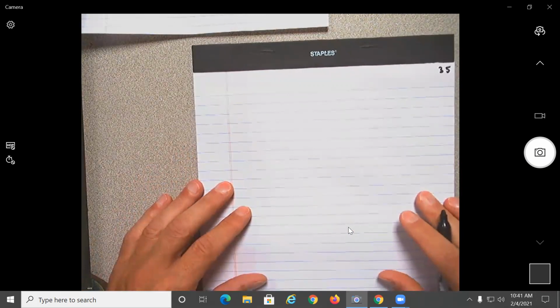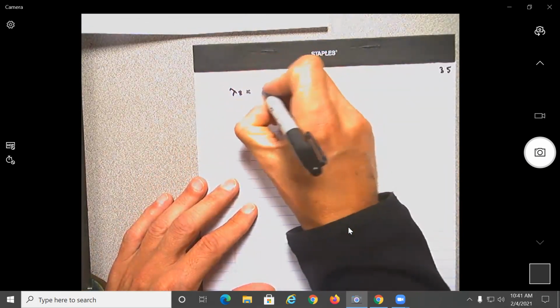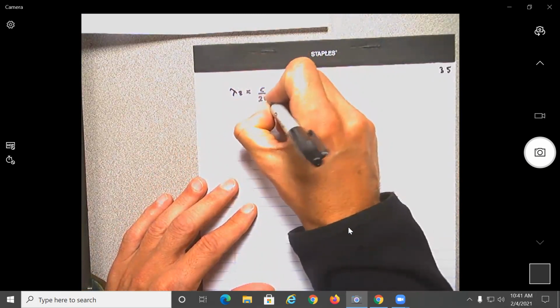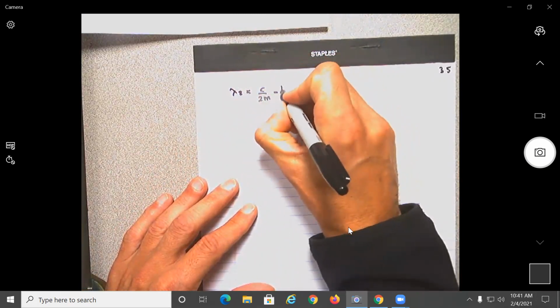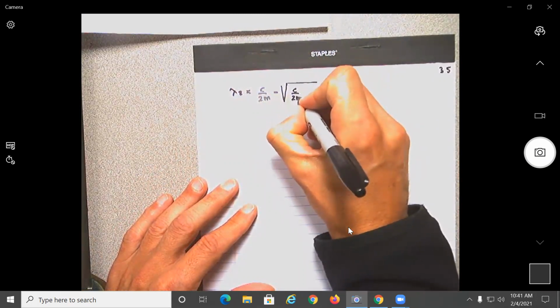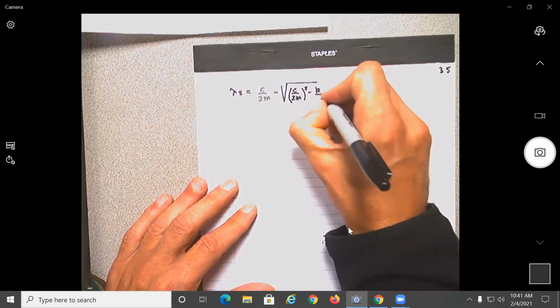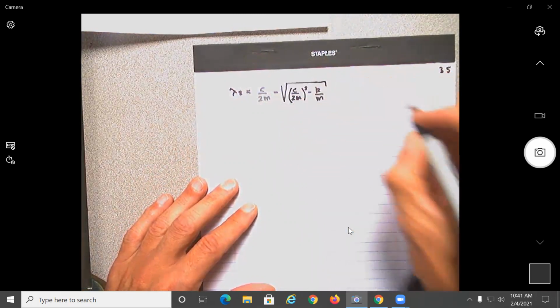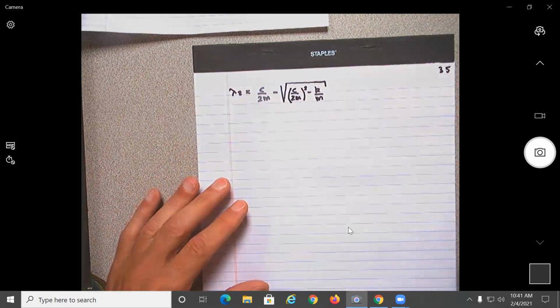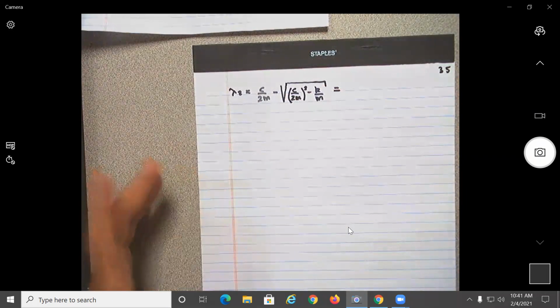Okay, so if you want, let's do it here. We have lambda 2 will be equal to C over 2m minus the square root of C over 2m squared minus K over m. We do exactly the same thing, so let's just write it down.